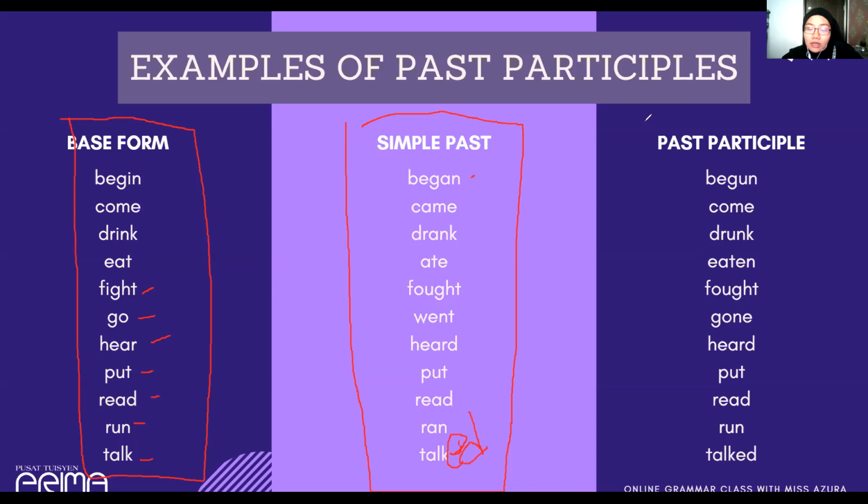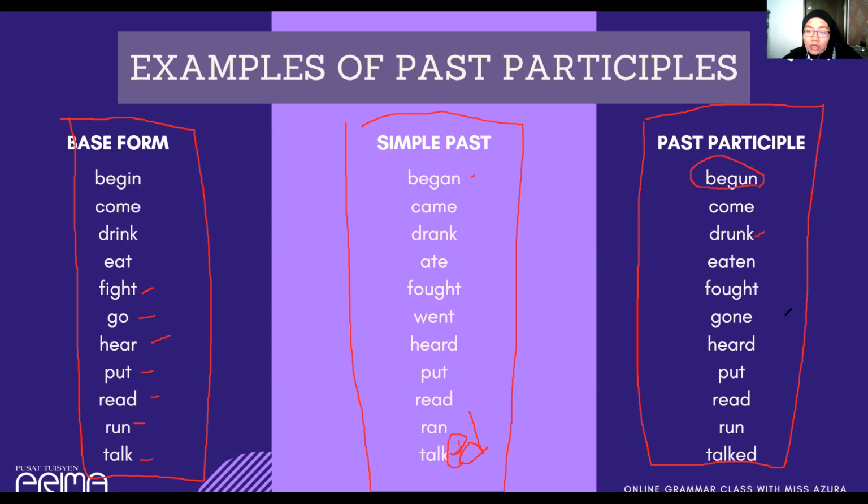So next, the third column, as I mentioned, would be the past participle. For begin, we have began in the past tense and begun for the past participle. The past participle for the word come is also come. How about the word drink? The past participle for the word drink is drunk.